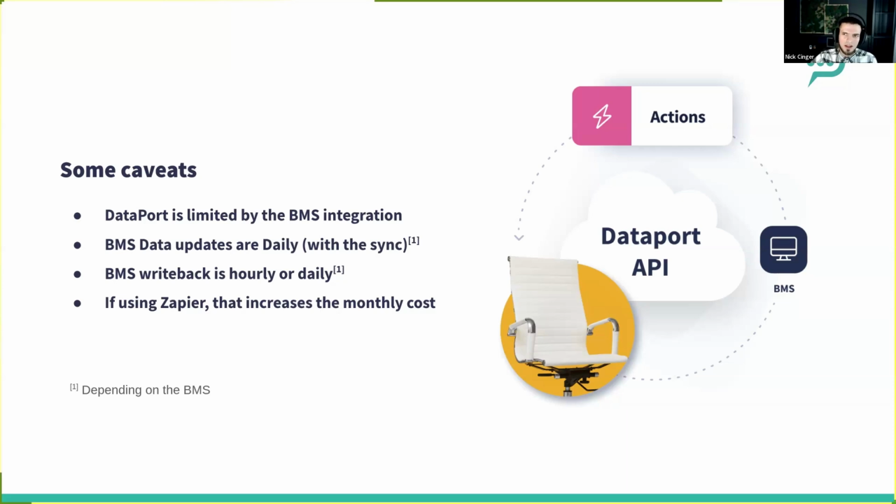And also with DataPort and Zapier, it only becomes expensive if you're trying to do big data dumps between systems, because it's priced per API call. If you're doing drip campaigns, lead campaigns, prospecting, triggering specific things, automating things that are taking time away from your team, then it makes perfect sense. But I'll let you review the pricing as well.